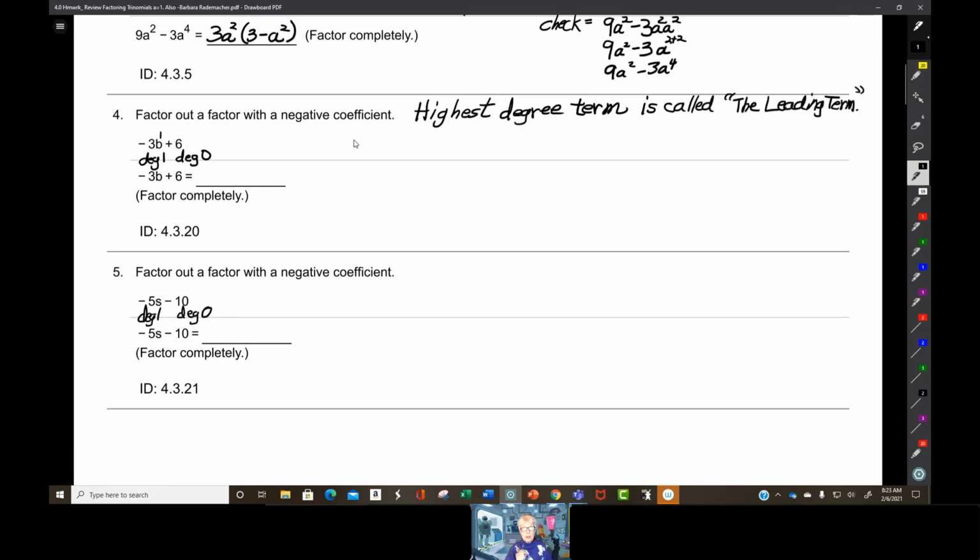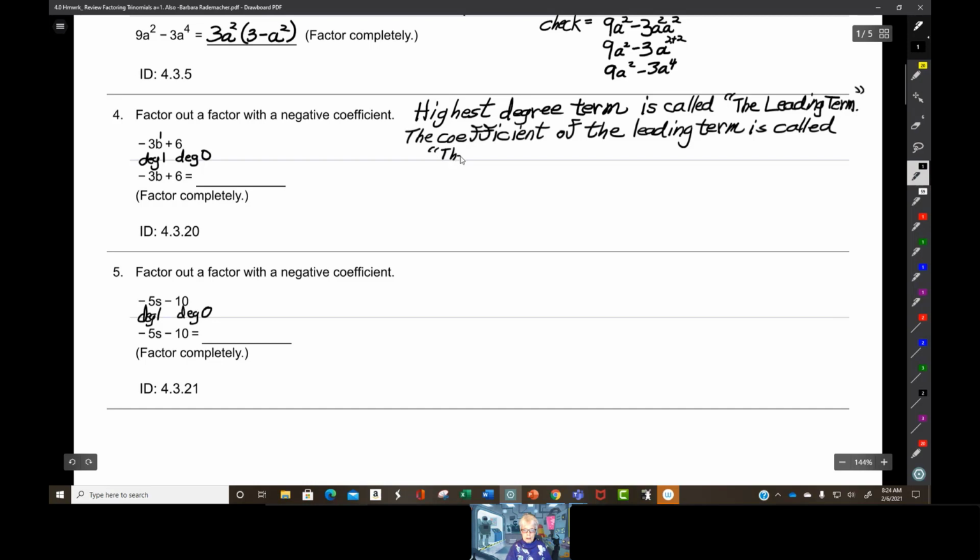The coefficient, the number in front of the leading term, is called the leading coefficient.